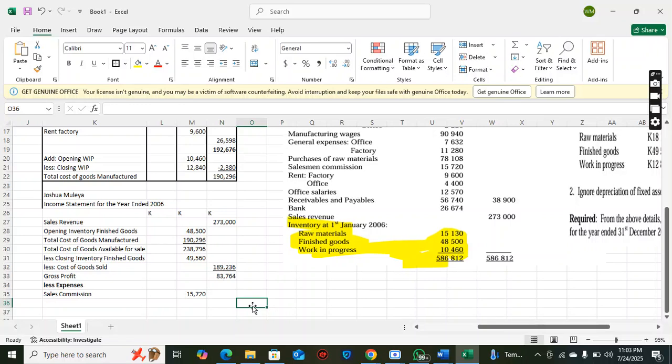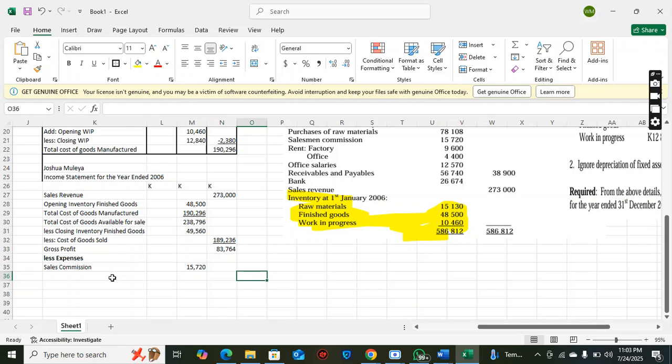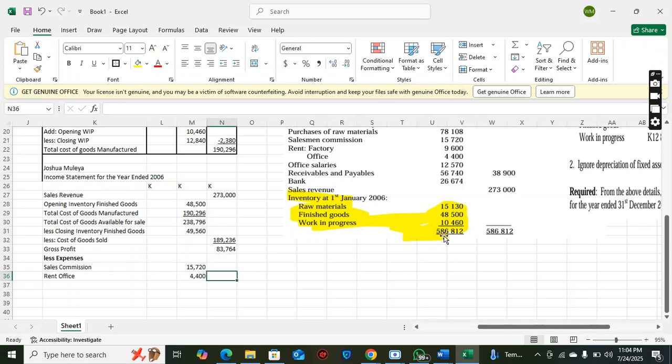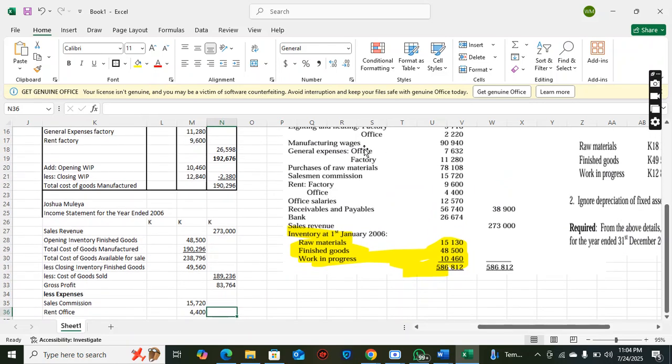What other? We've got rent office, 4,000. What else do we have? General expenses office 7,632.